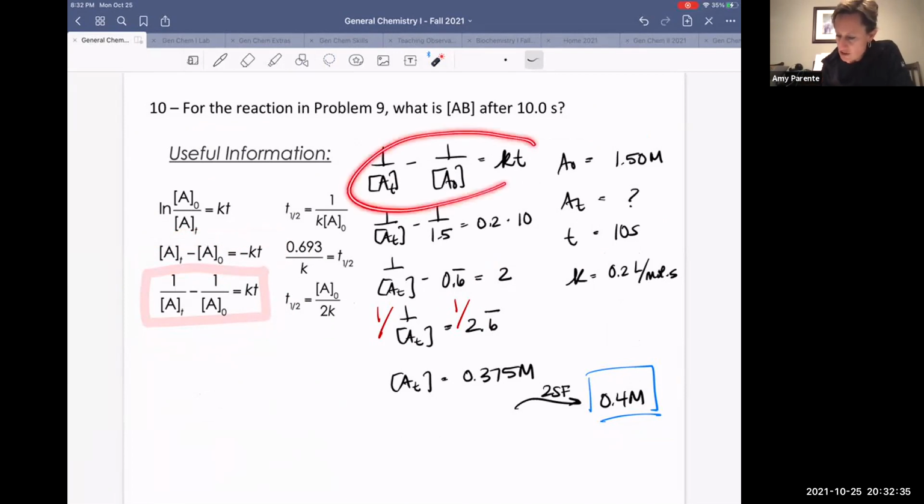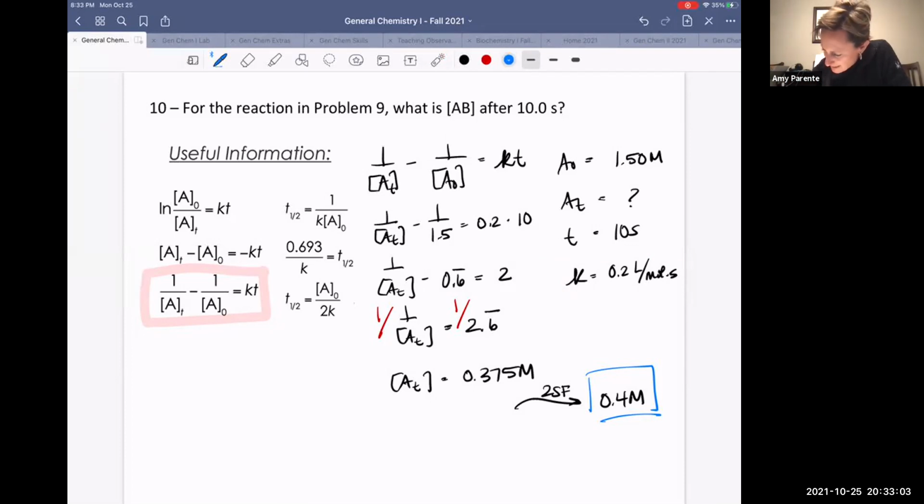So using that equation and putting all of our pieces in here, we've got A sub 0 is 1.5 molar. We want to find what we have left after 10 seconds. So our time is 10 seconds. And our rate constant, remember we were talking about how many molars we have to have in our denominator. I just want to make sure that everybody sees this, because this looks like it has units of liters per mole second.